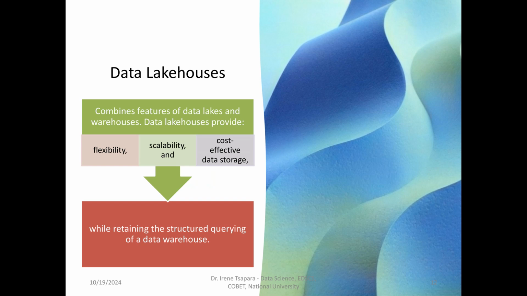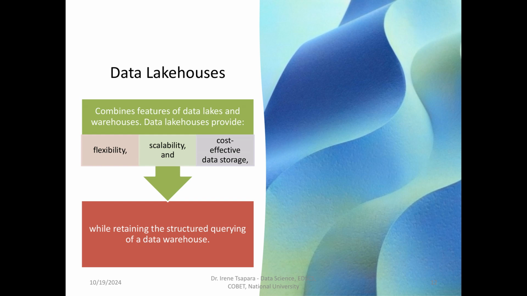Data lakehouses are a relatively new concept that merge the structured querying capabilities of data warehouses with the scalability and flexibility of data lakes. They aim to eliminate the data duplication and operational complexity of maintaining both systems. Technologies like Delta Lake and Apache Iceberg make it possible to run high-performance analytics directly on cloud object storage.